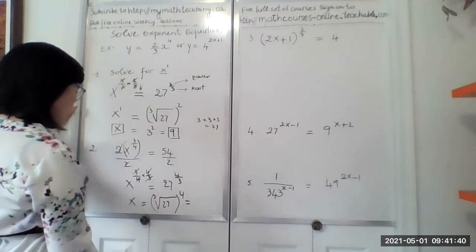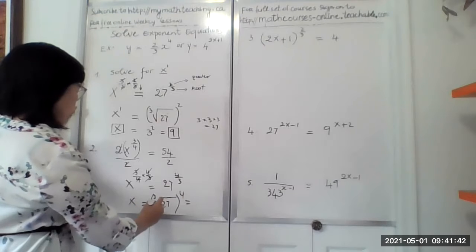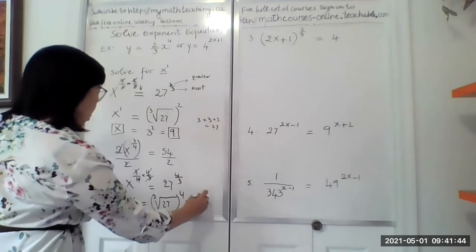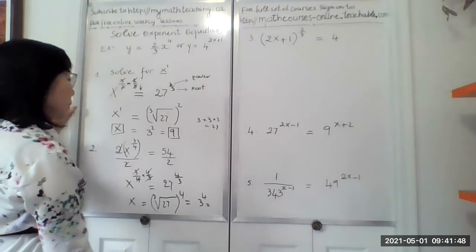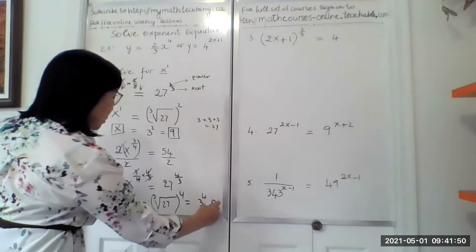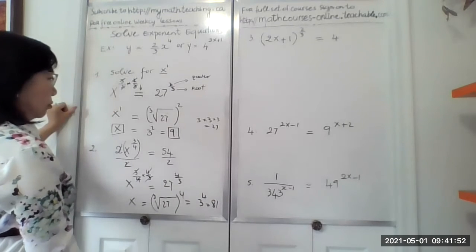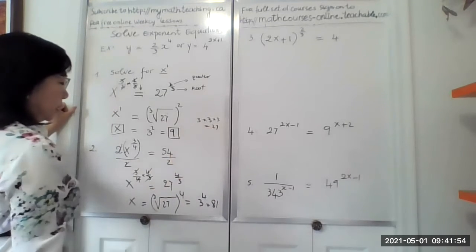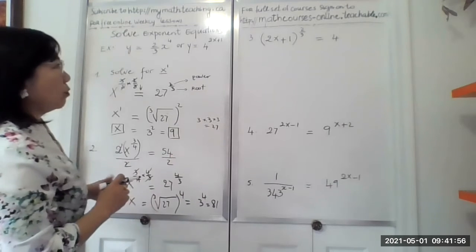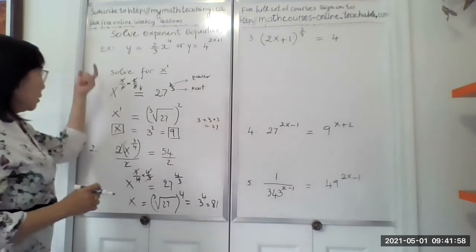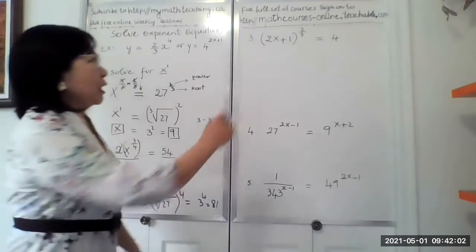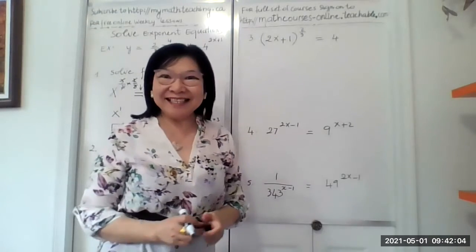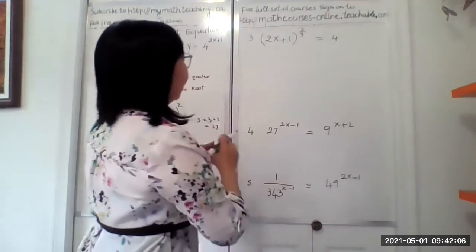So this will become the third root of 27, which equals 3. 3 to the power 4 is 81. So that's the answer. 3 times 3 times 3 times 3, to the power 4, is 81. So we're done with the first question and the second question.